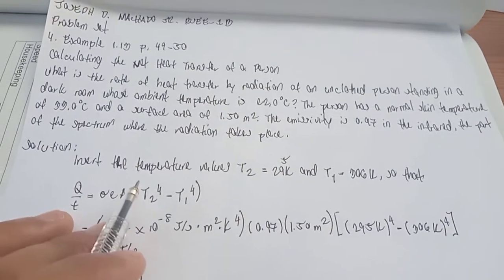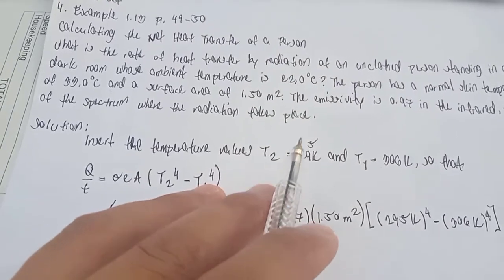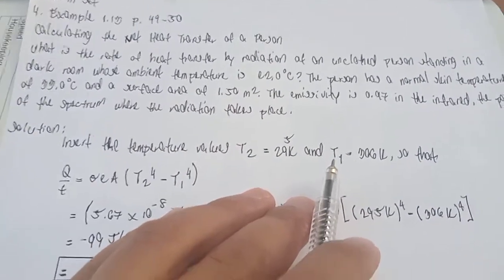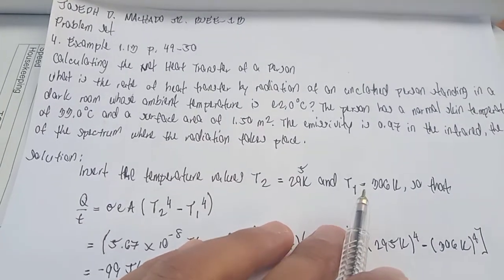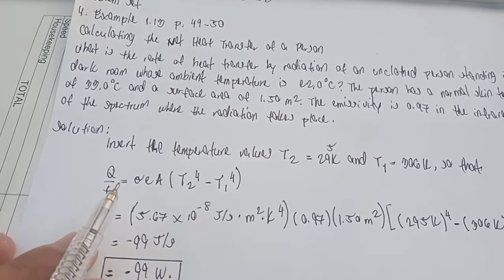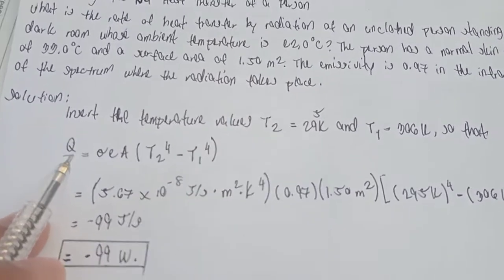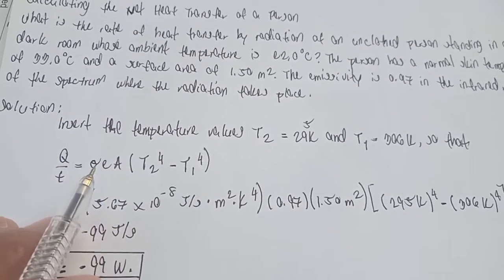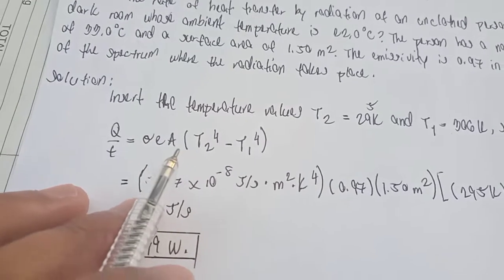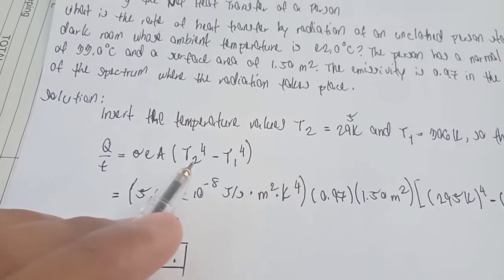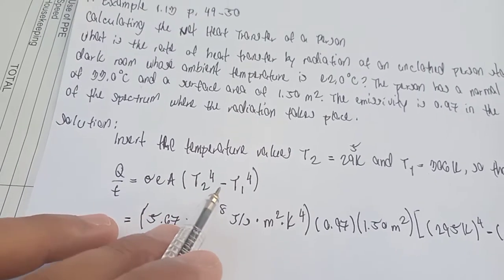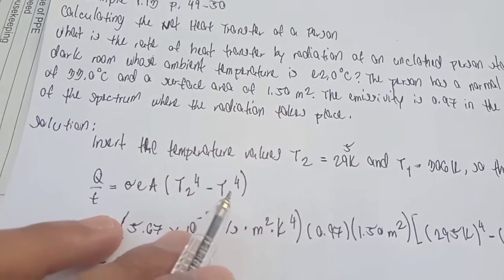Solution: insert the temperature values. T sub 2, or the temperature of the environment, in Kelvin is equal to 295 Kelvin, and T sub 1, or the temperature of the object, in Kelvin is equal to 306 Kelvin, so that the heat energy over time is equal to Q times e times the surface area of the object multiplied by the temperature of the environment raised to the power of 4 minus the temperature of the object in Kelvin raised to the power of 4.